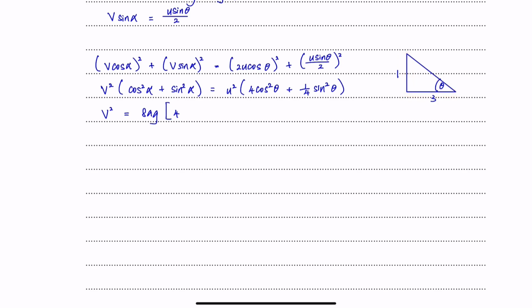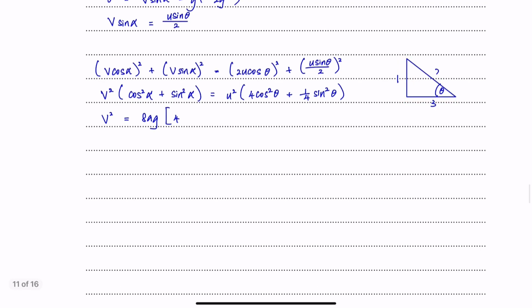So what is this length here? We have 1 squared plus 3 squared, square root the whole thing, and we would get root 10. So now we have this as root 10. So what would be our cos? Cos is 3 over root 10.